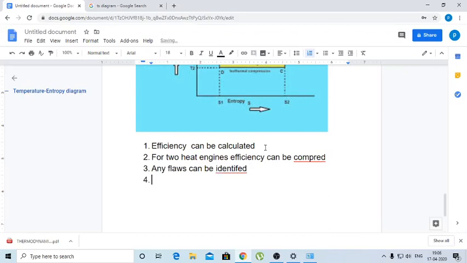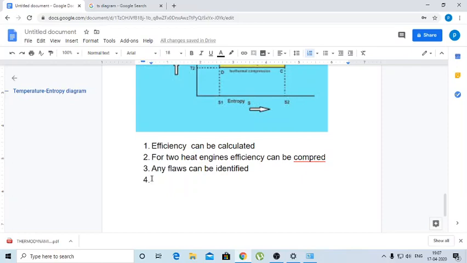And the last one is use in meteorology. Meteorology is the study of meteors, and the study of motion of meteors can be easily done with the TS diagram, the temperature entropy diagram. The temperature of the meteor can be calculated, and its motion, random motion, or the motion with respect to the temperature can be studied.